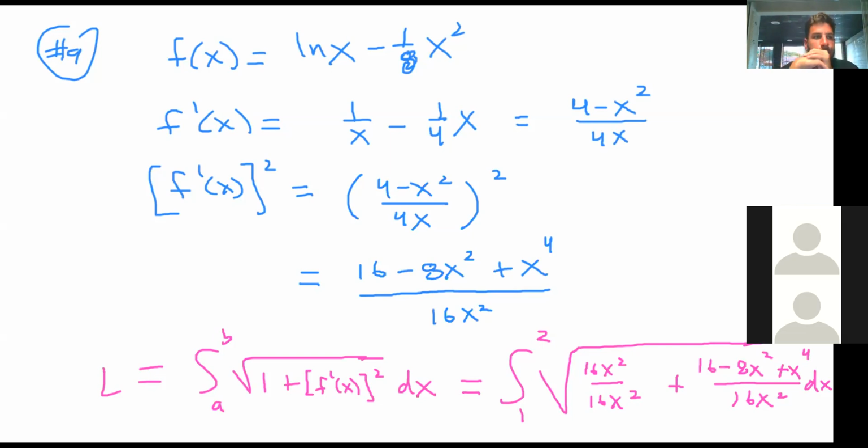I can add them. And what happens is, in the numerator, I have 2 terms with an x squared, so I can combine them. So what is 16 minus 8? 16 minus 8 turns out to be positive 8. So here's what happens on the next line of reasoning. And please pause me or stop me if there's a question you want answered. The next line is from 1 to 2.